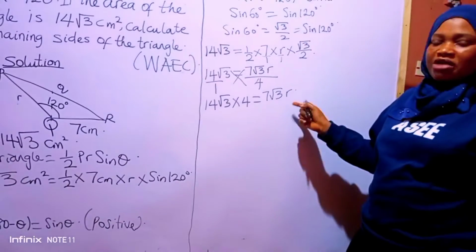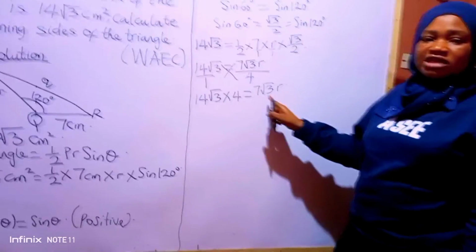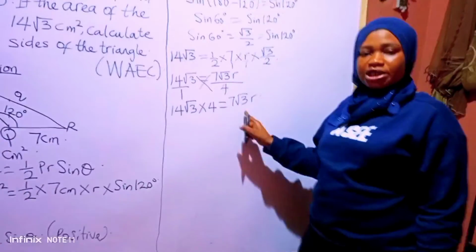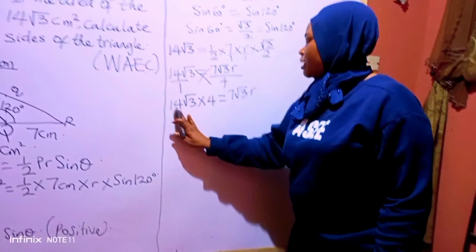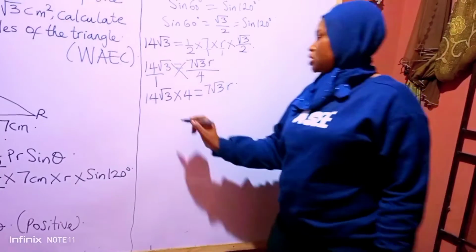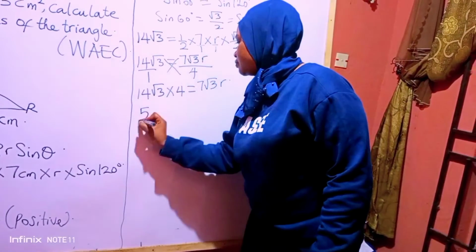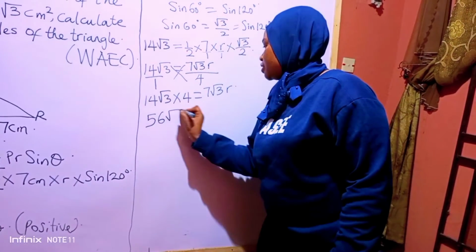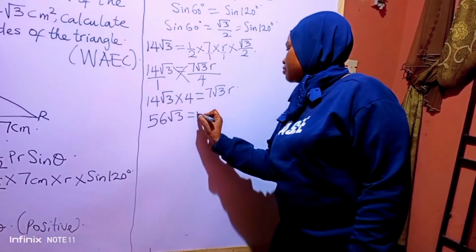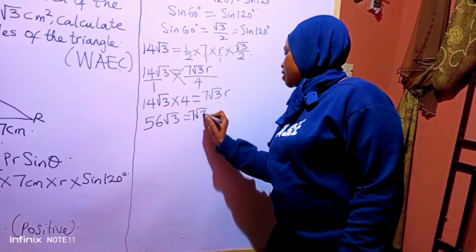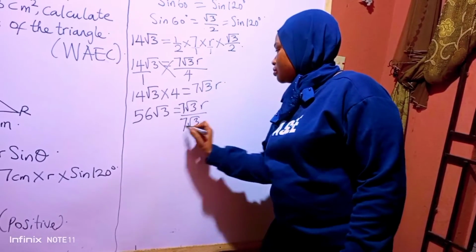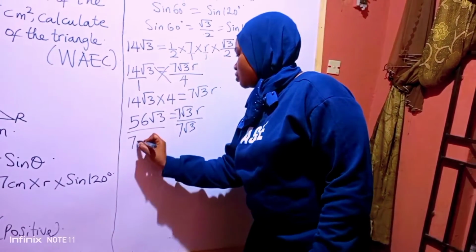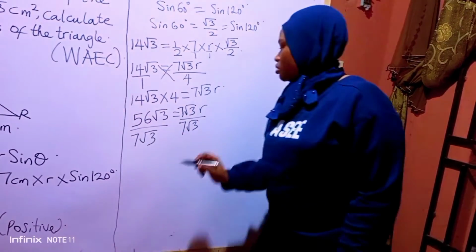So from here we can find our r by dividing both sides by 7 root 3. Let's multiply 14 and 4. This gives me 56. So 56 root 3 is equal to 7 root 3 r. Dividing both sides by 7 root 3, 7 root 3 cancels 7 root 3.